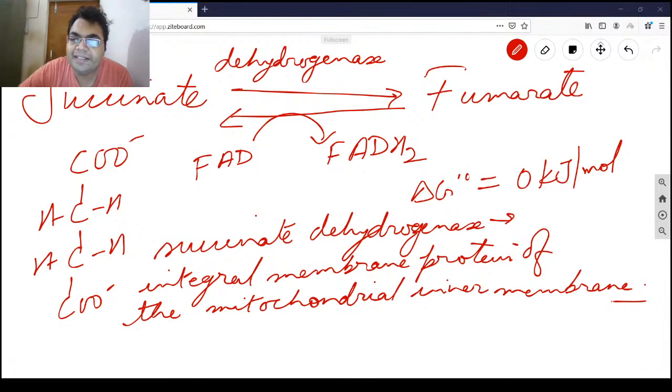And one more thing I'll tell you, one molecule is there known as malonate, which is an analog of succinate but not normally present in cells. It's a very strong competitive inhibitor of succinate dehydrogenase.